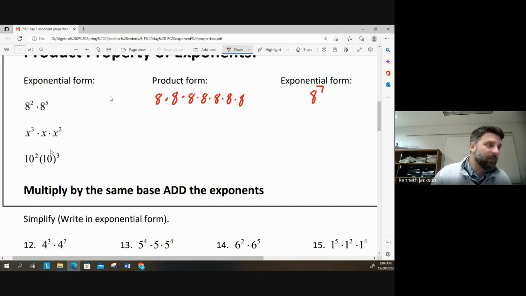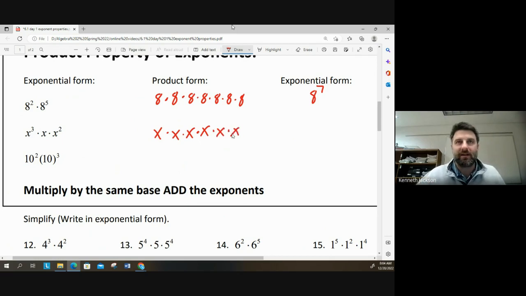Okay, let's look at a couple more here, and then we'll talk about the rule, or the property, that's going to shorthand these problems for us. On our second one, x to the 3rd, well, that would be 3 of them. 1, 2, 3. Times x squared, that'd be 2 more, x times x. And again, we don't know the value of x, so we don't actually get a value.